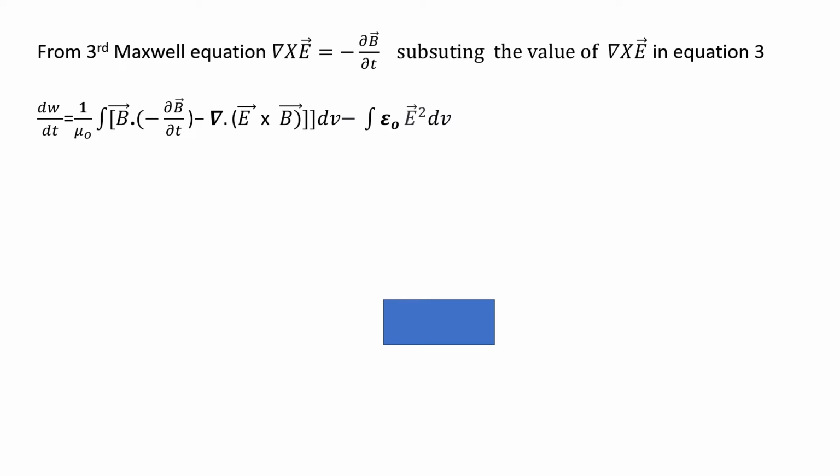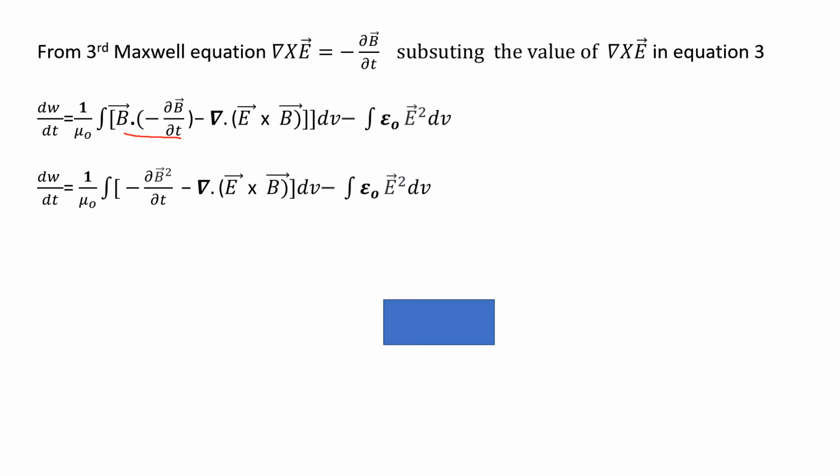Now see again, I am going to write this equation again in this form. I am taking B inside, so B multiplied by B becomes B square, and again I forgot to put 1 by 2 here.